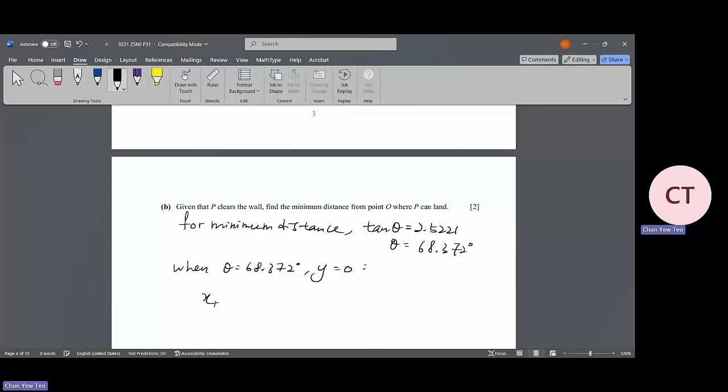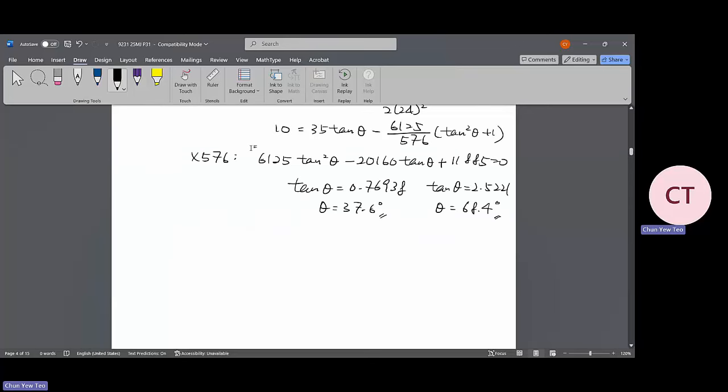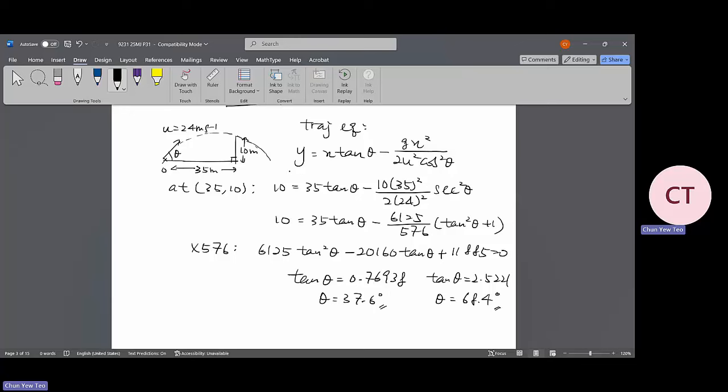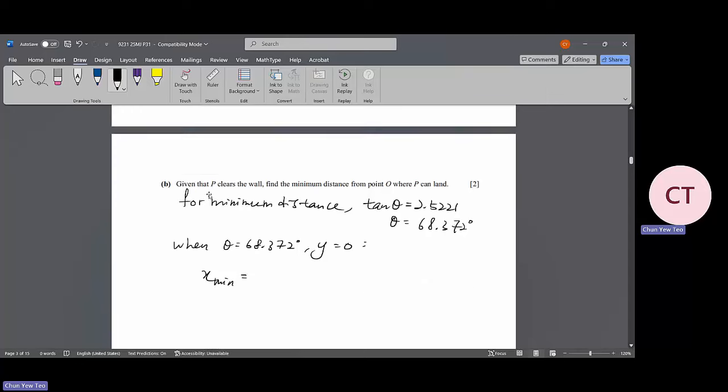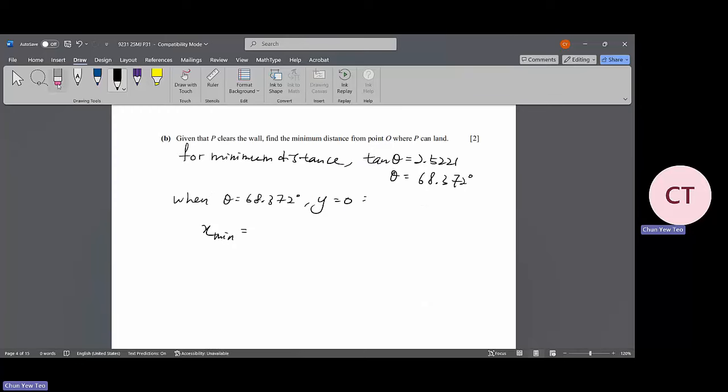So your x minimum, we need to replace it inside here. Inside here, the x is the minimum, but the y is 0. So again, we just write the trajectory equations.